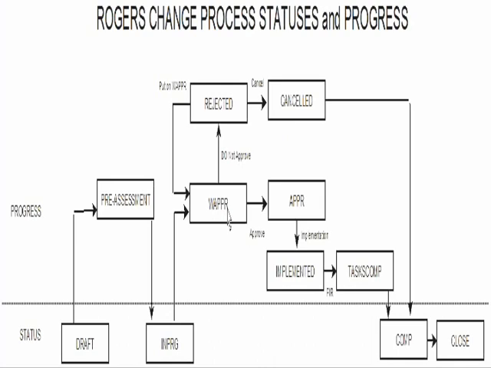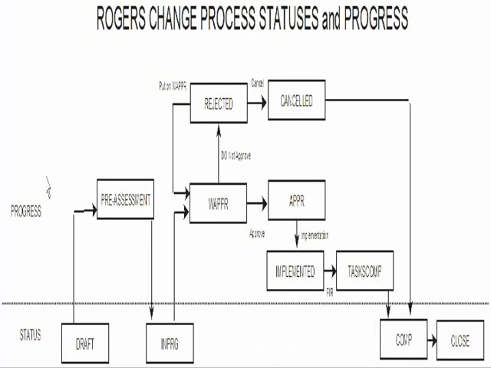As soon as you open a new change ticket, your status would be draft and the progress value would be pre-assessment. Remember that progress and status are shown as two different fields within a change ticket.